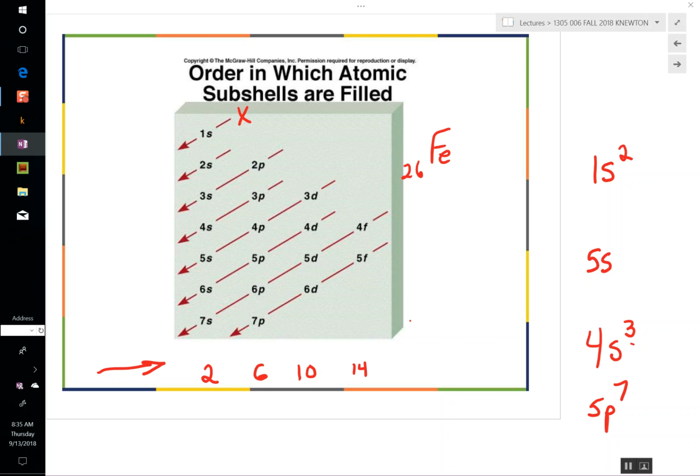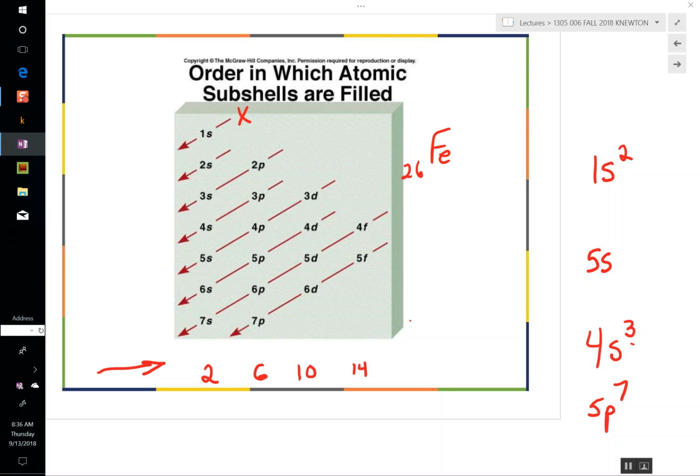Fluorine. What's the outermost energy level? 2. How many electrons are in the second energy level? 7. 7 electrons. This is the outermost sublevel.